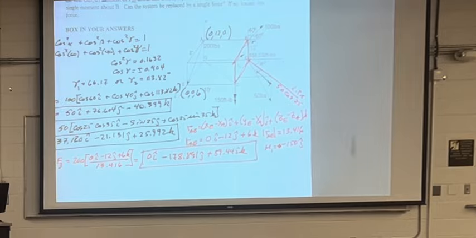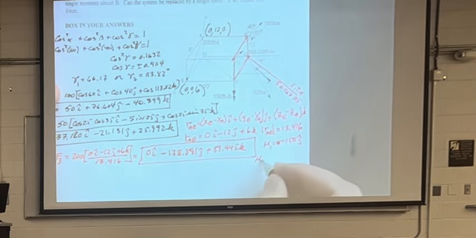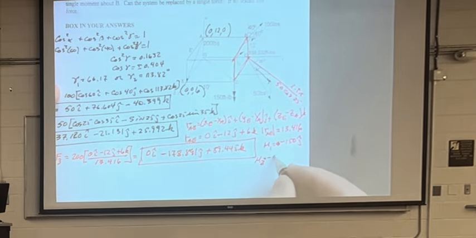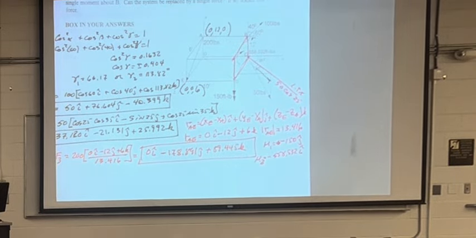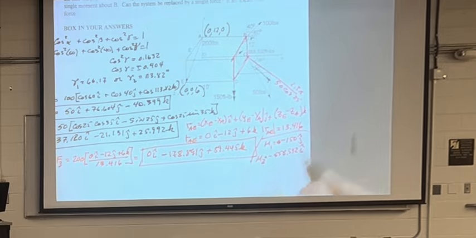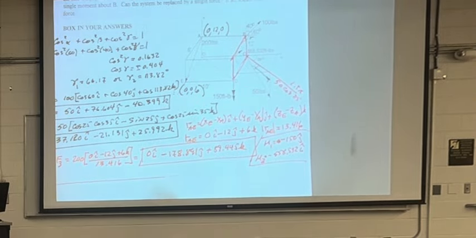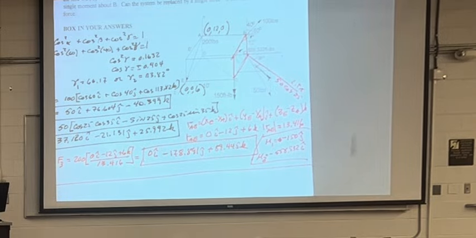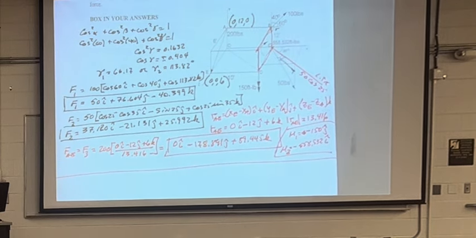So here, I should have an M2 equal to minus 558.532I. That is all forces and moments in terms of IJK. Now I can start answering the question.